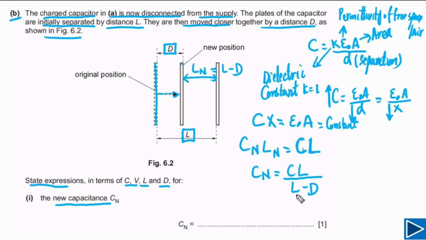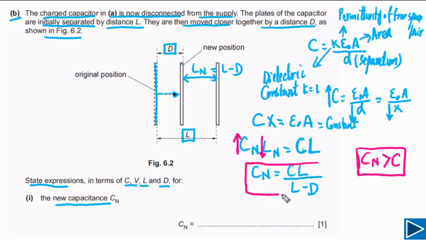You can see that as Ln goes down, Cn goes higher. So Cn is greater than C. The capacitance of the capacitor has increased, and this is our answer for this part. If you have written this, you will get 1 mark, and that is a B1 mark.